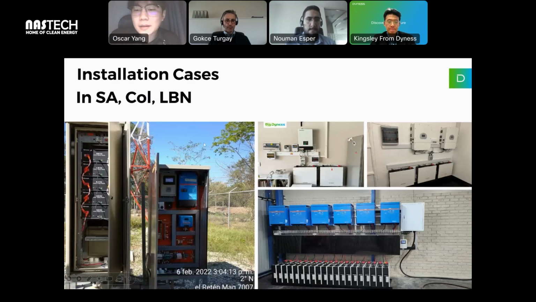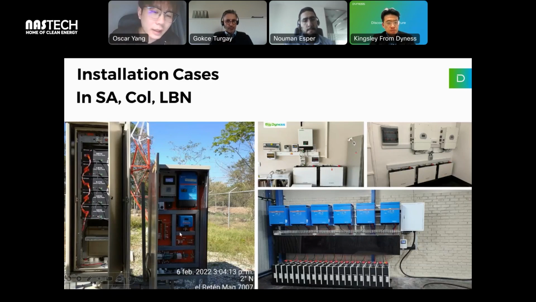So these are some project cases all around the world. For example, like South Africa, Colombia, and Lebanon. This project locates in Colombia, in South Africa. It is a very big self-made cabinet, connecting to a Victron inverter.